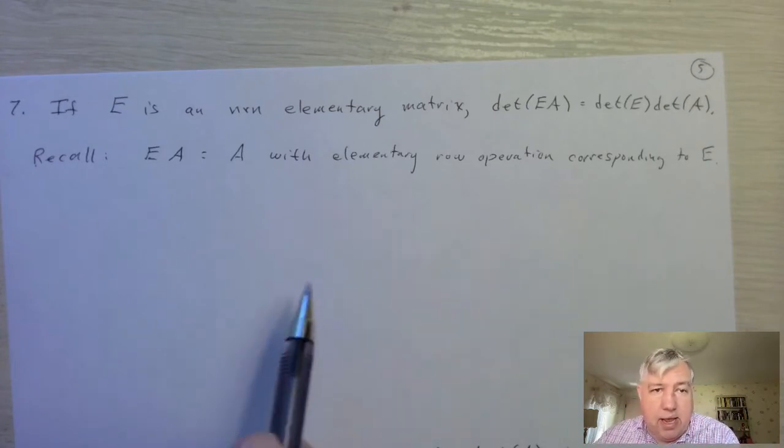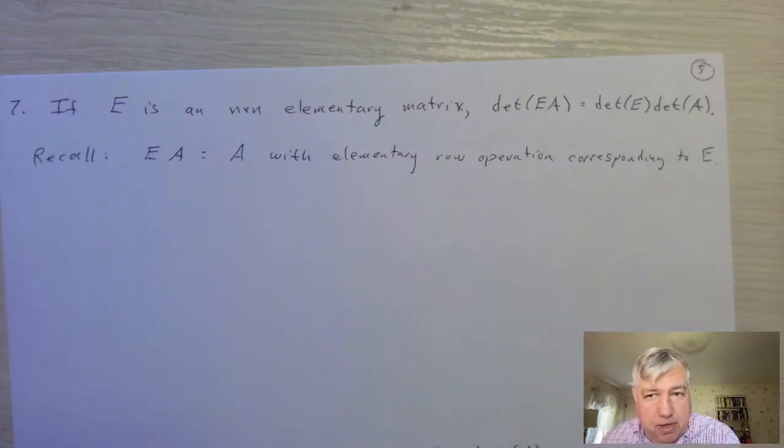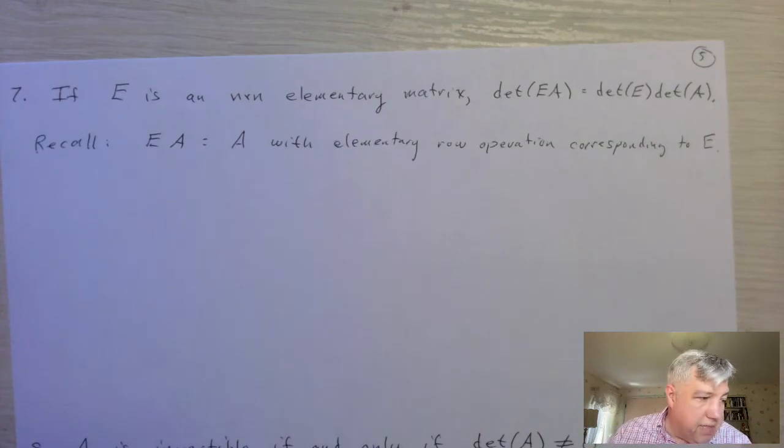So EA is going to be A with that same row operation applied to it. Right. So that's going to help us out.